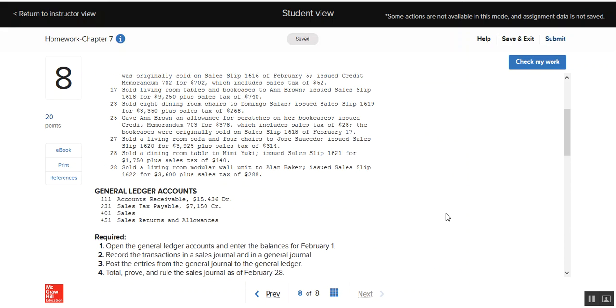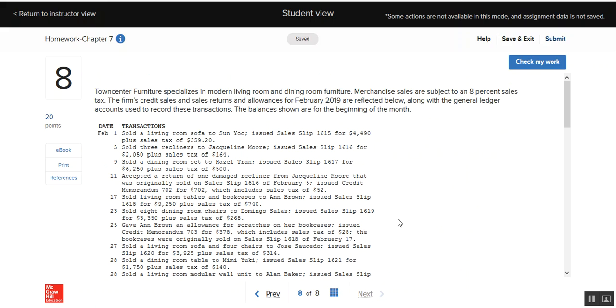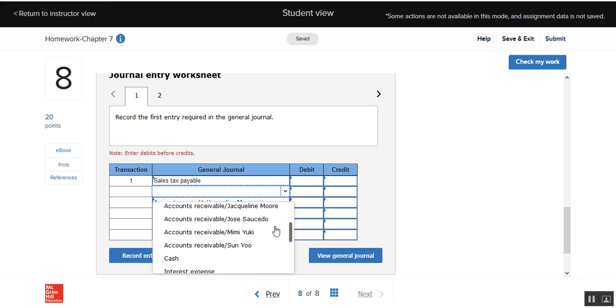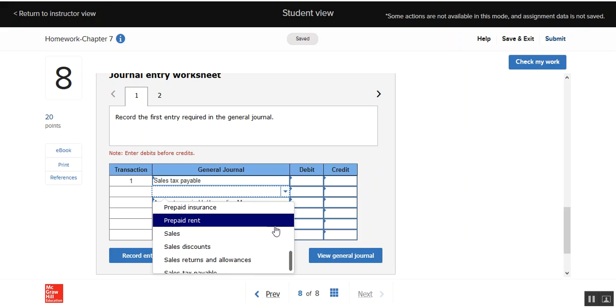And I think it was Jacqueline, right? Yeah. So we initially recorded a debit in accounts receivable. If she's bringing that chair back, we're going to decrease what she owes us, so we're going to credit to decrease the balance in accounts receivable. Now I skipped a line here because this one's the only one that's a little bit different.